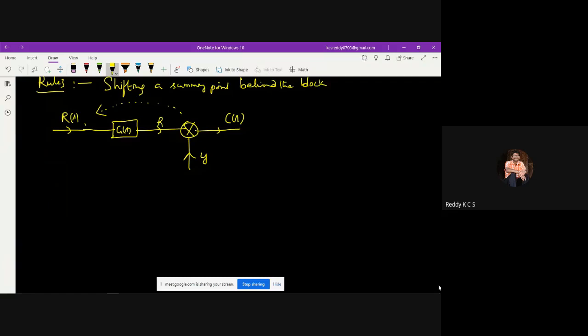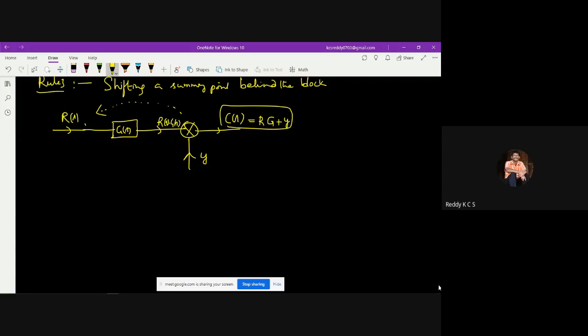It is added to r of s into g of s here. So I can write r of s into g of s plus y, because both signals are added at this point, and the output is here.